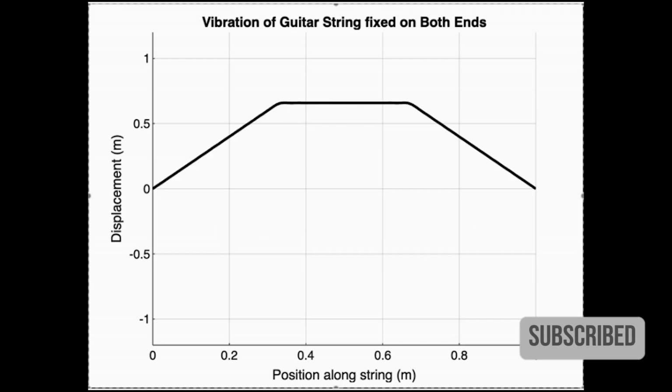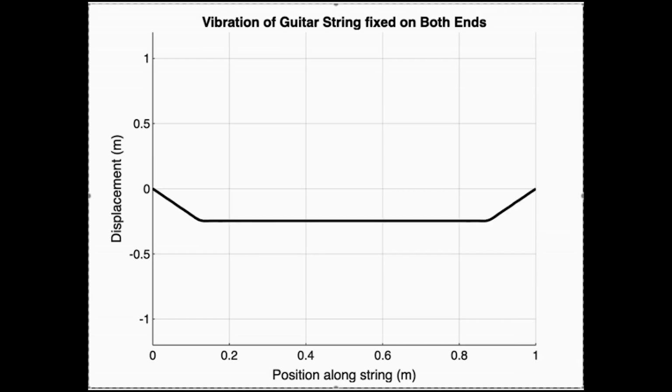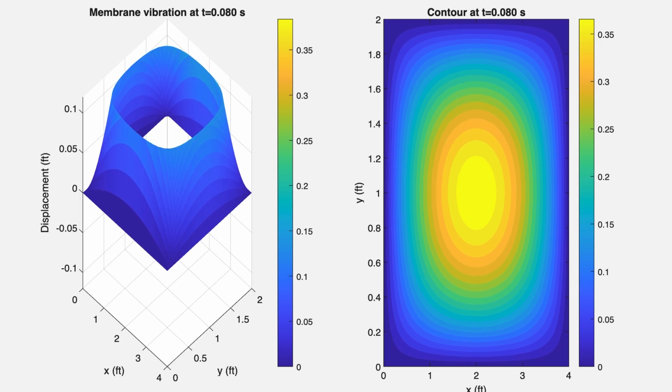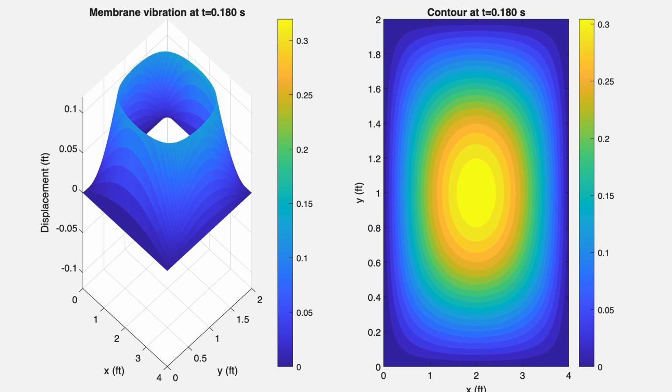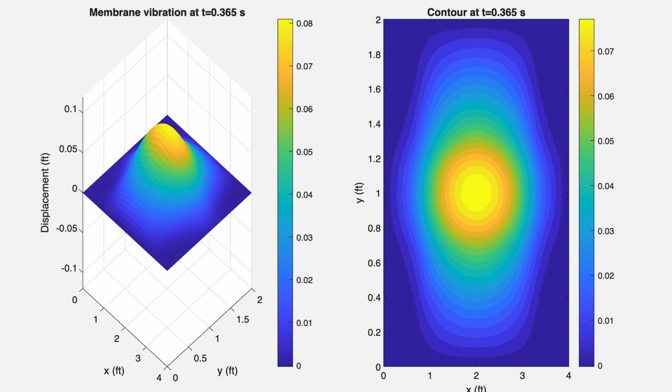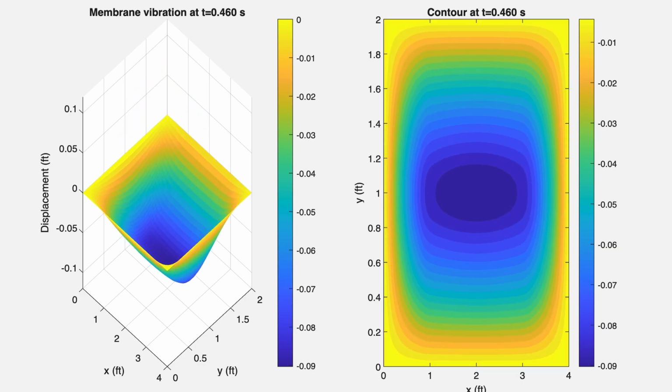We can also make a 3D plot through MATLAB, where we can see the displacement of the string as a function of space on one side and time on the other, and everything is moving. So that's basically this video.